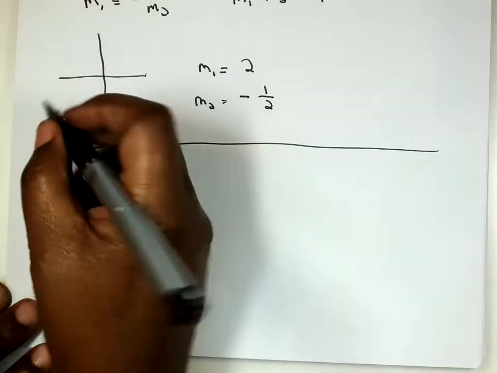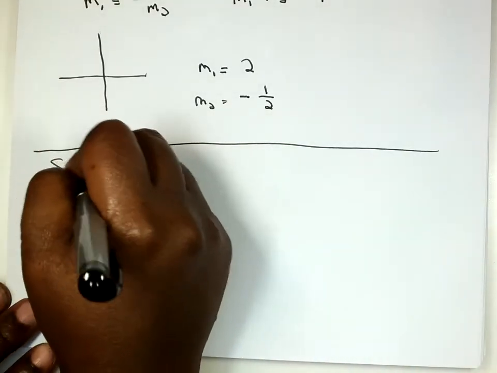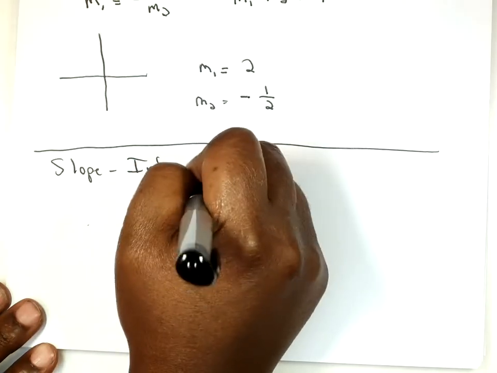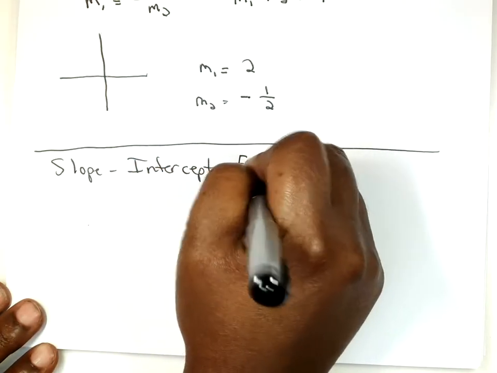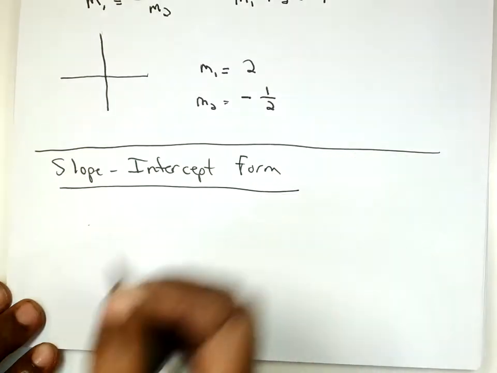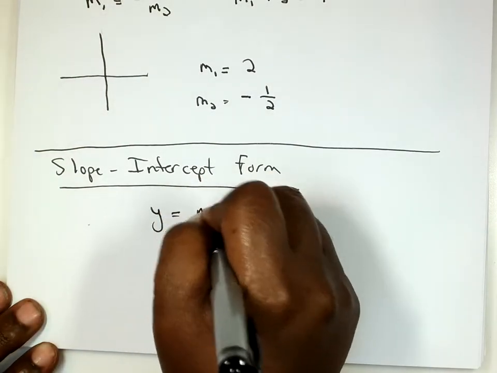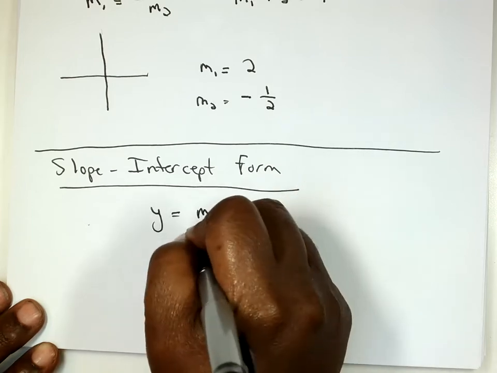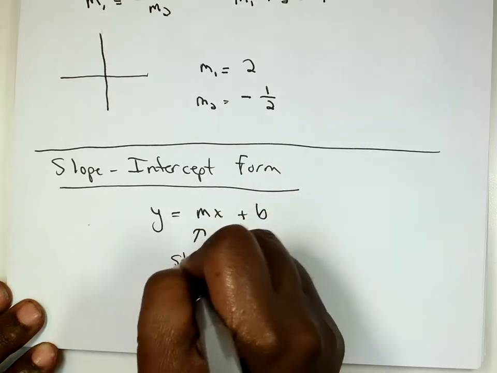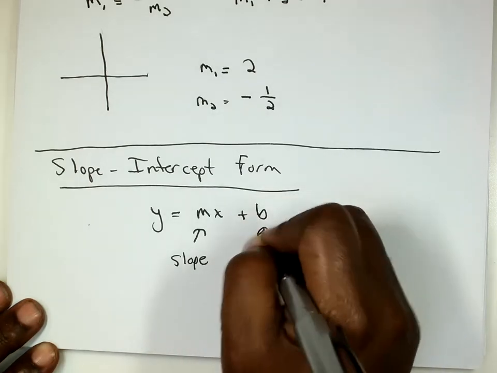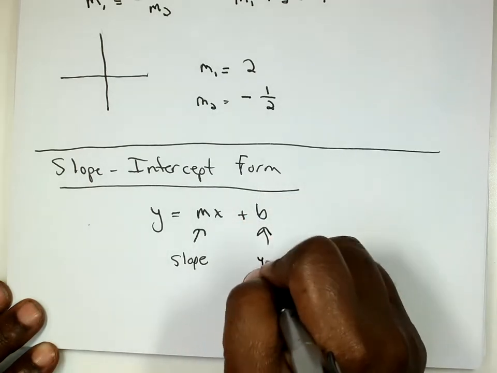Alright, so let's talk about the slope-intercept form, which is probably used the most, what people are most familiar with using, and that's the form y equals mx plus b. M, we're always going to use that for the slope, and this b is the y-intercept.